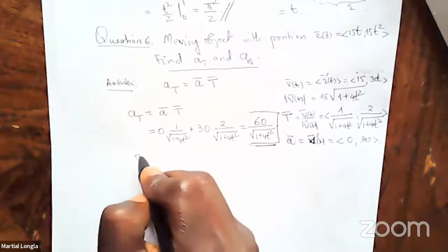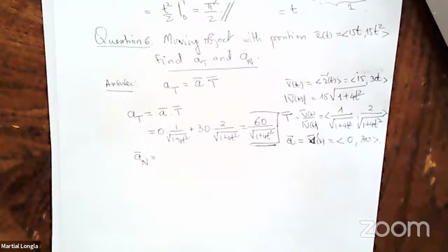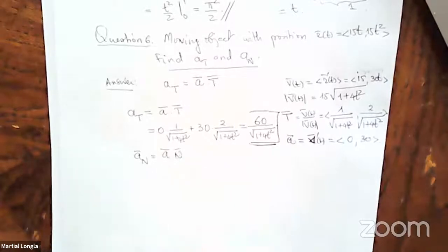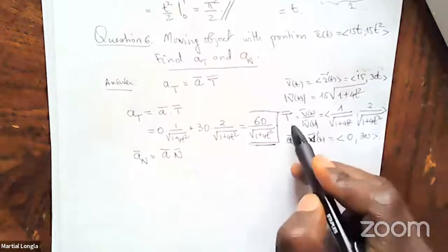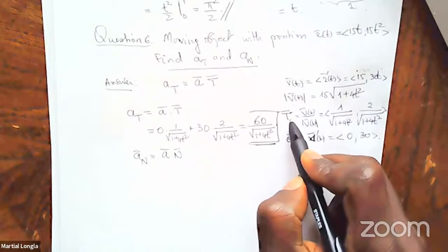Now tell me what we do for aN here. The first formula is a dot N, but to use this formula, you need to find N first, all right? And to find N, you know that N is the derivative of T divided by its magnitude.